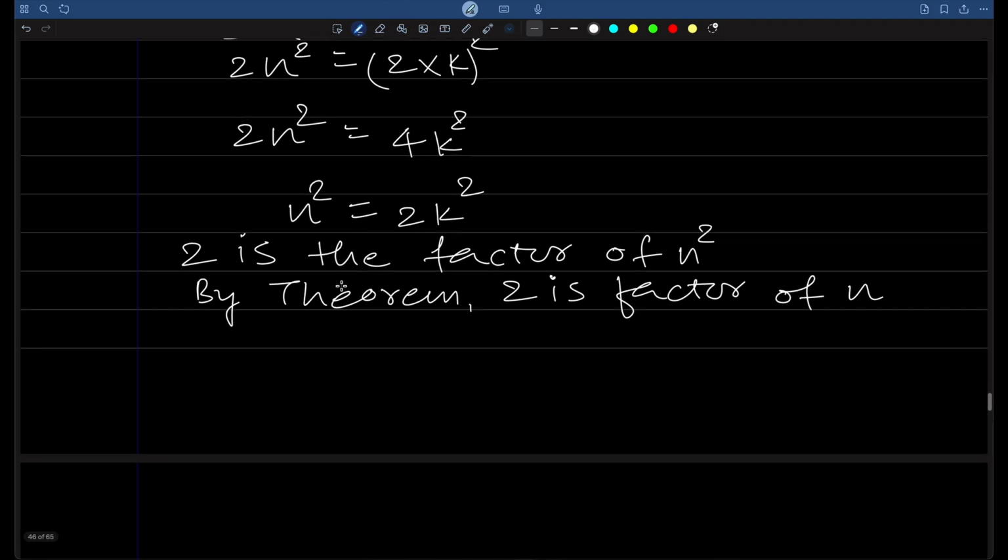So we can write n equals 2 into some constant. 2 is a factor of n.